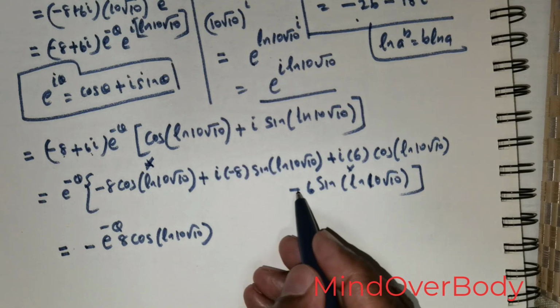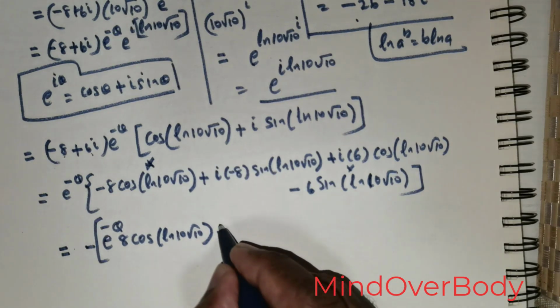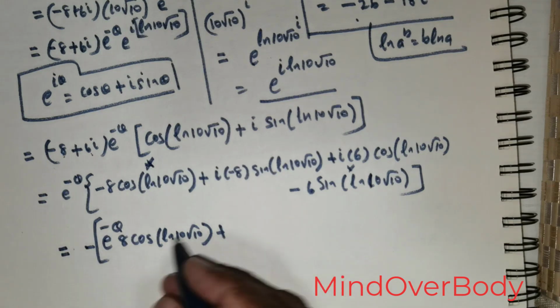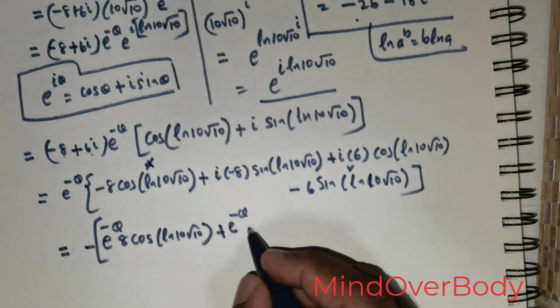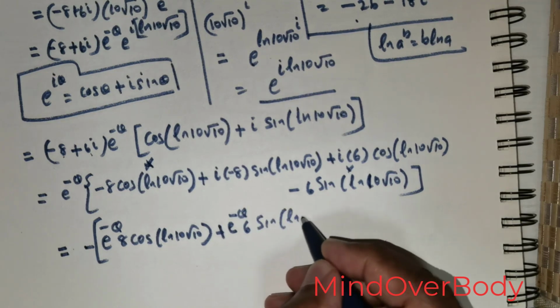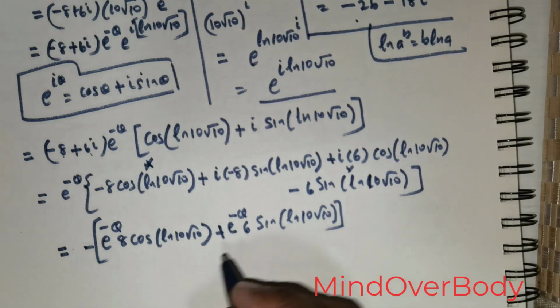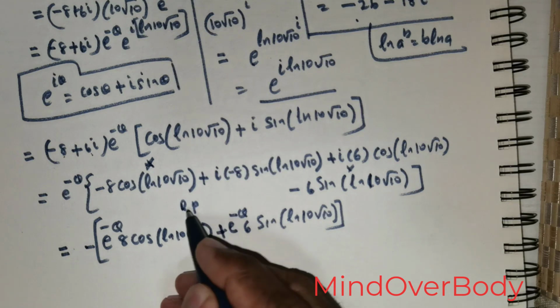And then if I take this part, the negative sign can be taken out, so it's going to be positive. In fact, I could have taken e power negative theta out. So that is going to be e power negative theta, and I've got a 6 there, so it's going to be sine of ln 10 times root 10. So this is my real part.